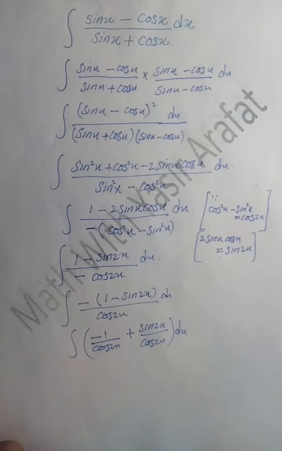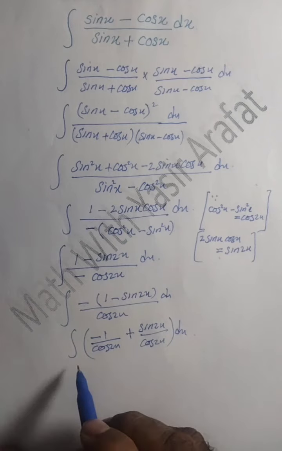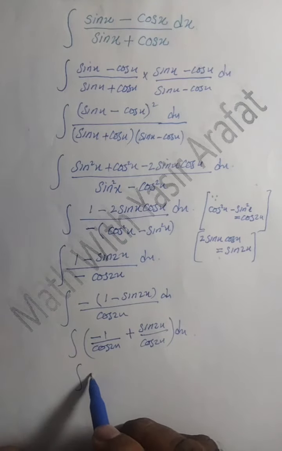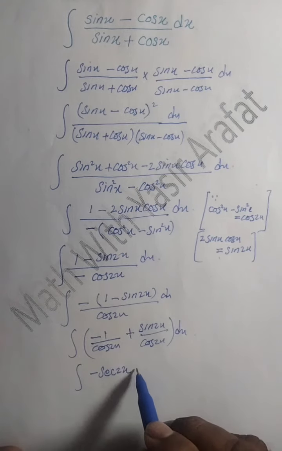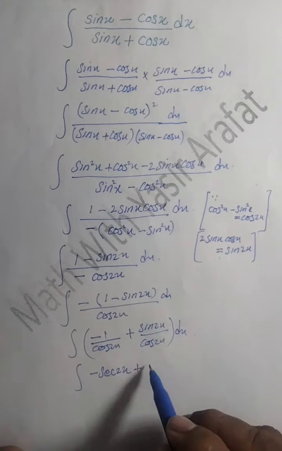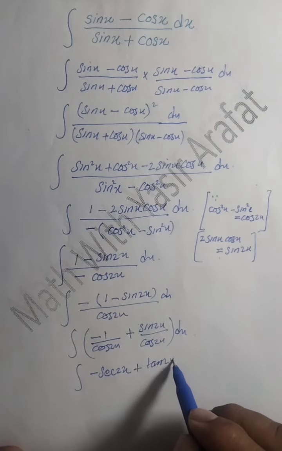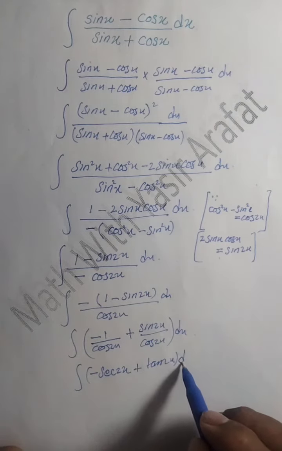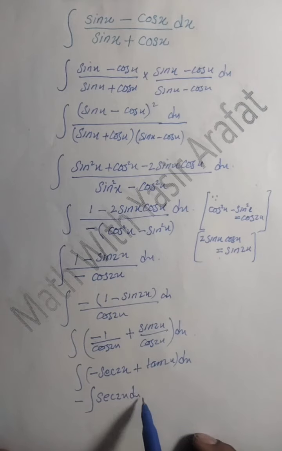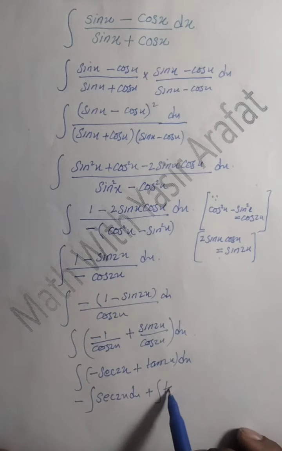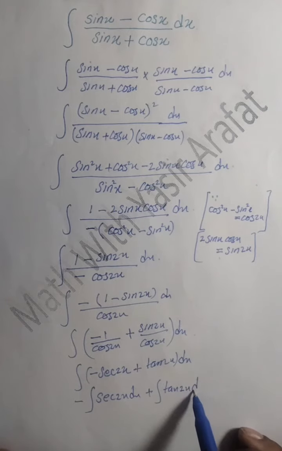So this is minus, 1 upon cos is sec 2x, and sin 2x upon cos 2x is tangent 2x here. And now we have to separate this to find out the integration here. This is sec 2x dx plus tangent 2x dx.